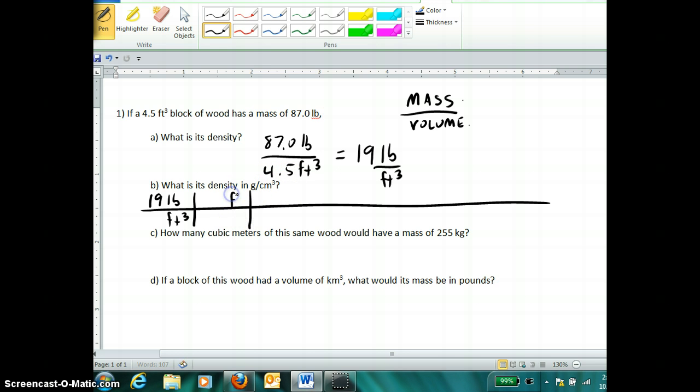So I would say a cubic foot is equivalent to a cubic inch in so much as one of these equals 12 cubed of these. And the feet cubed would cancel, leaving us with cubic inches. Then, of course, we could convert cubic inches to cubic centimeters because the relationship is 1 inch per 2.54 centimeters, all cubed. And the inches cubed would cancel, leaving us with cubic centimeters as units of volume now.